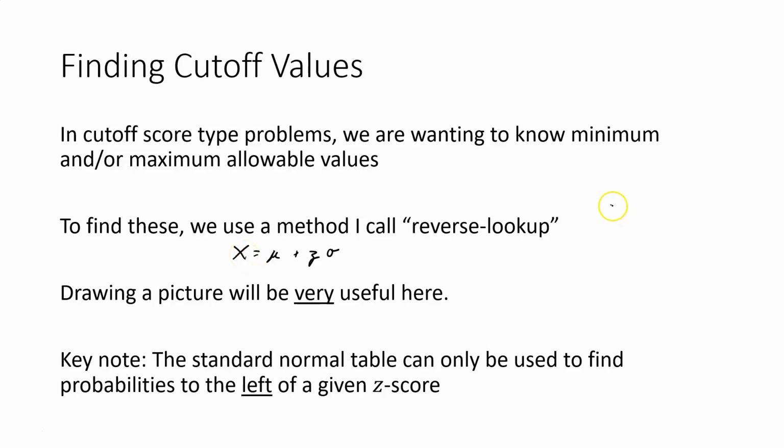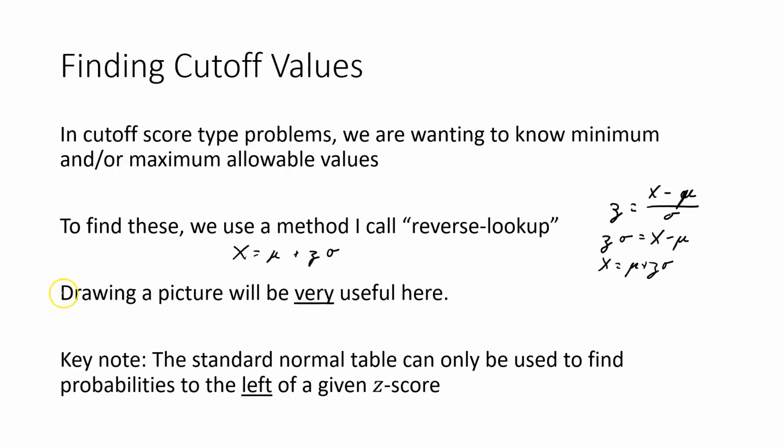The way I find that is z equals x minus mu over sigma, multiplying both sides by sigma to get rid of that fraction, I get z sigma is equal to x minus mu, and x equals mu plus z sigma comes directly from that. But this will be the formula we will use then to find our cutoff scores once we found our z-score.